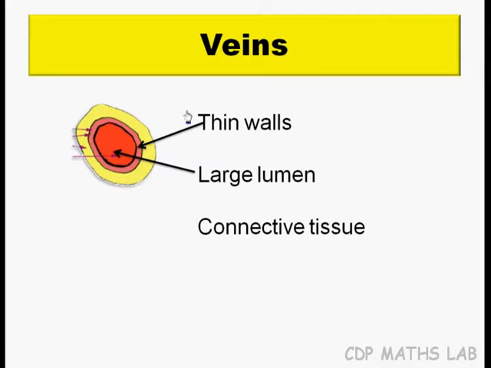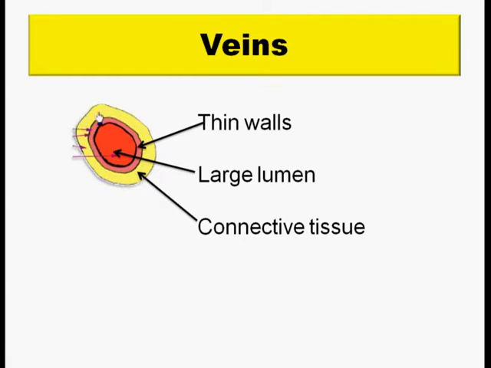So this area right here is basically a space through which the blood will what? Flow through. Just like your hose. If you were to look through the hose, it looks green on the inside, but it's very hollow. So there's a space. That space in which the water travels through is called the lumen. And in this case, this space that blood flows through is called the what? Lumen.